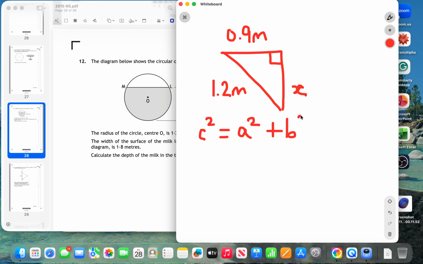So the hypotenuse is 1.2. So 1.2 squared equals, you can make A any of the shorter sides, but let's make X the A, because C is the hypotenuse and A and B each are the shorter sides.